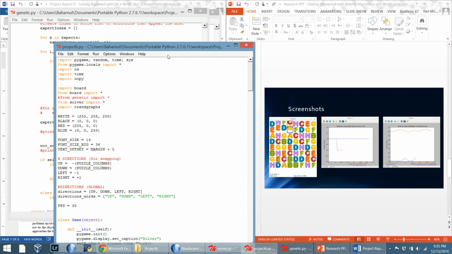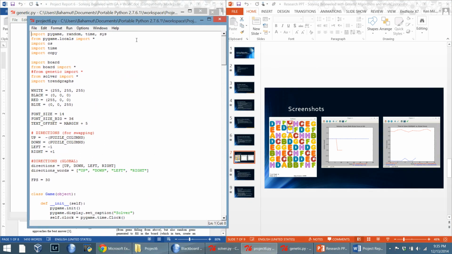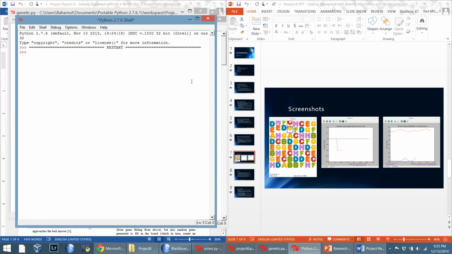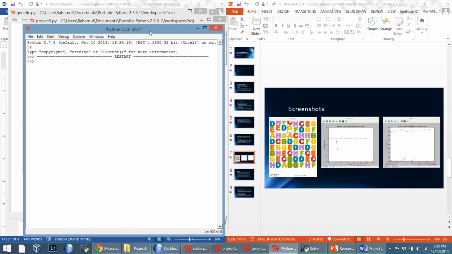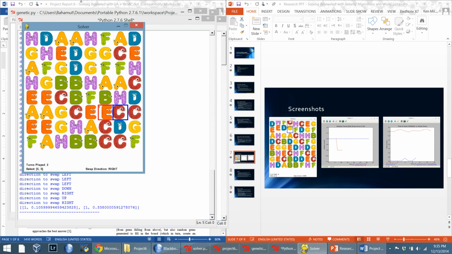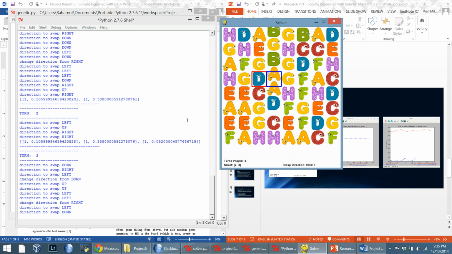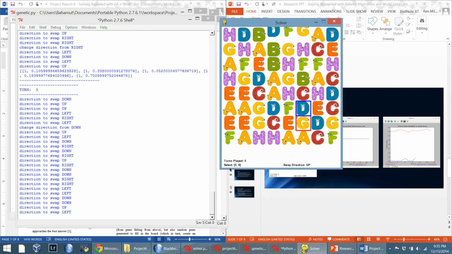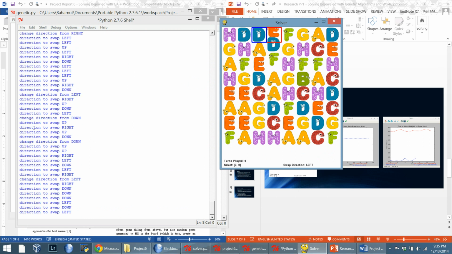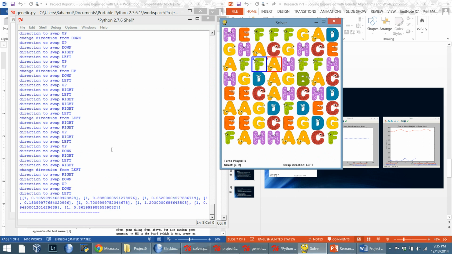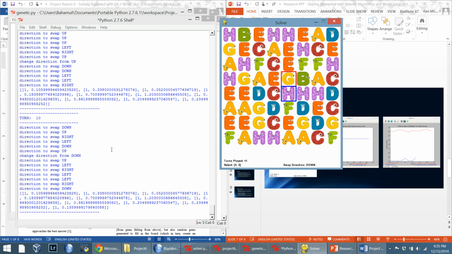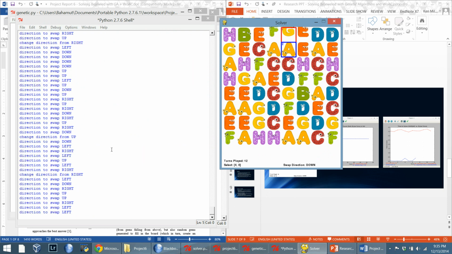So let's open up a few things. Let's start off by looking at our project so we can get a good feel of what it looks like. So here we go. As you can see, it's doing some interesting things. Each one of these separate lines is the brute force algorithm, which goes first, finding another move.